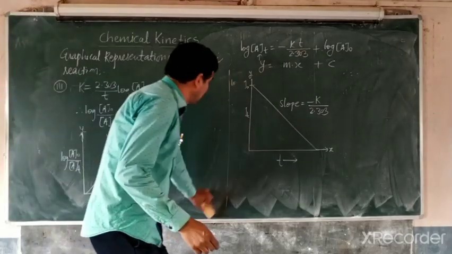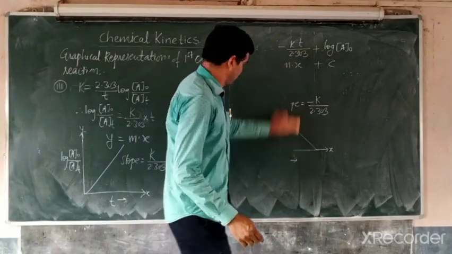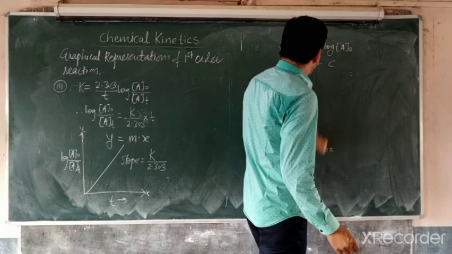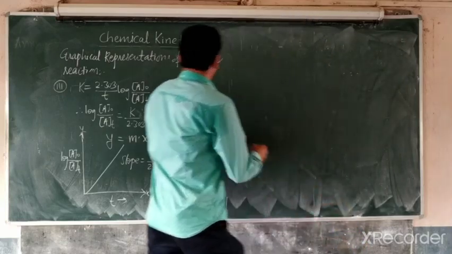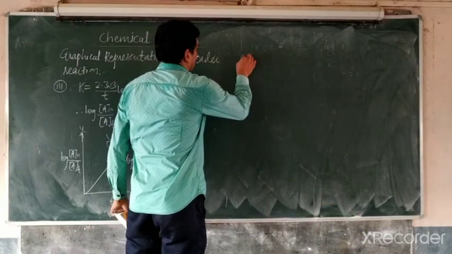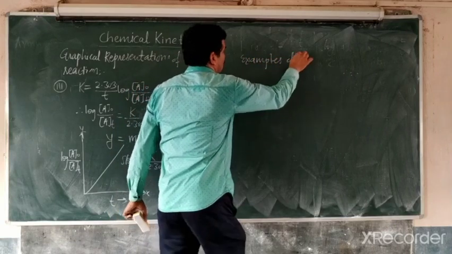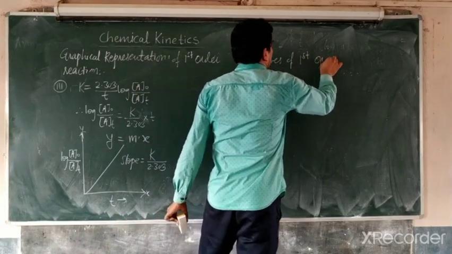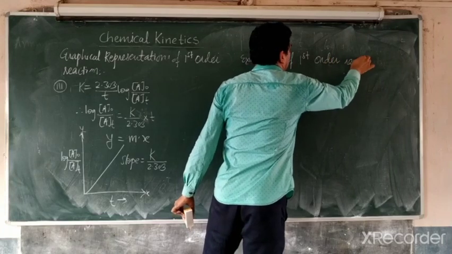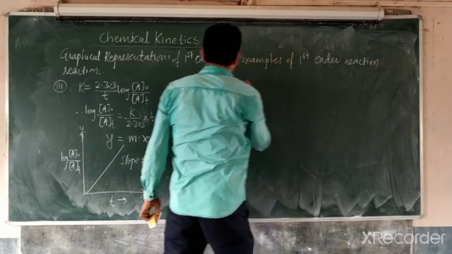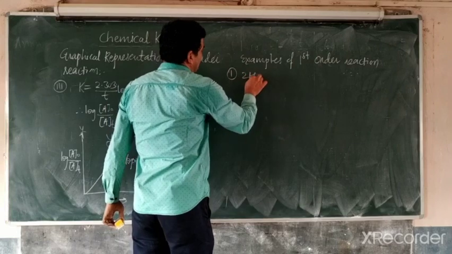Then the examples of the first order reaction. The common examples of the first order reaction are: decomposition of hydrogen peroxide.